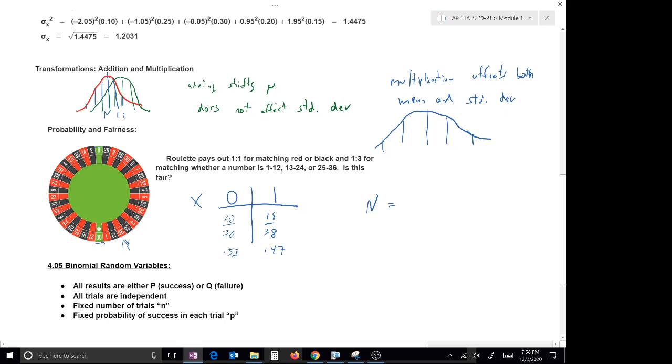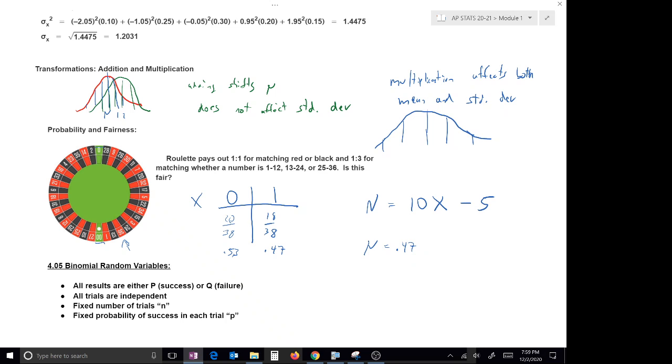If we win, they're going to give us $10 back, and it's going to cost us $5. If we do a calculation here, our average is still going to be 0.47, because 0 times 0.53 is 0, and 1 times 0.47 is 0.47. We add those together, we still end up with 0.47.